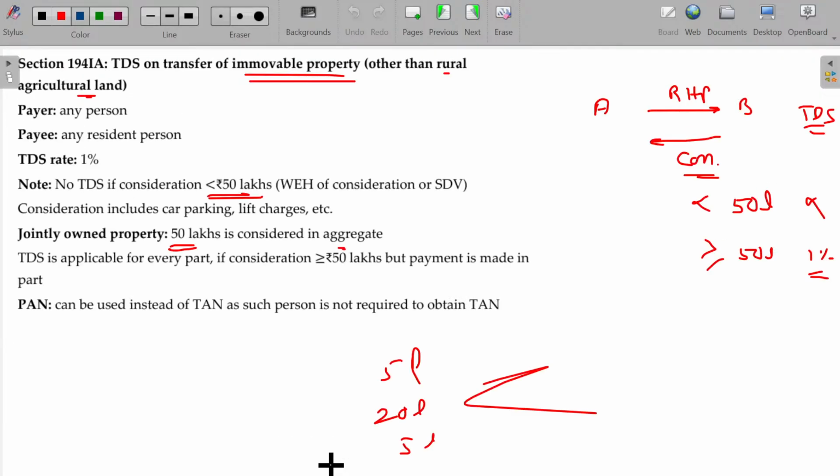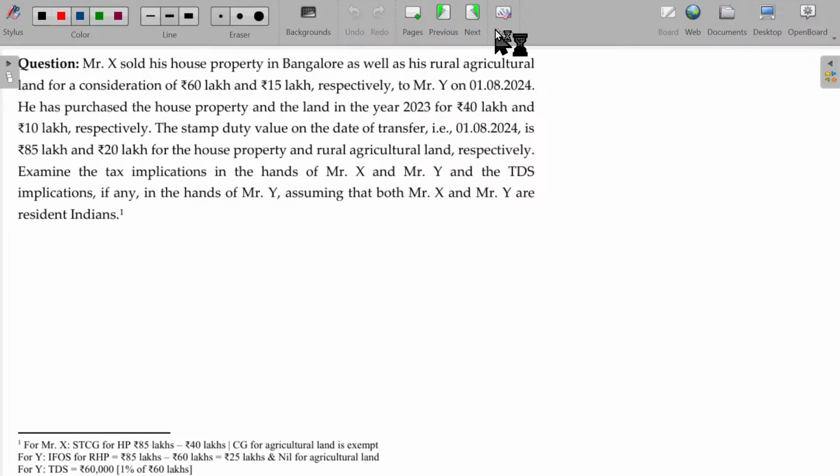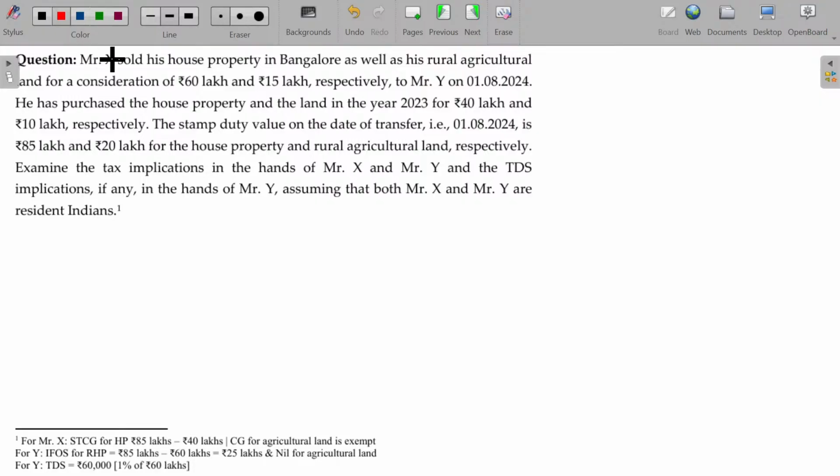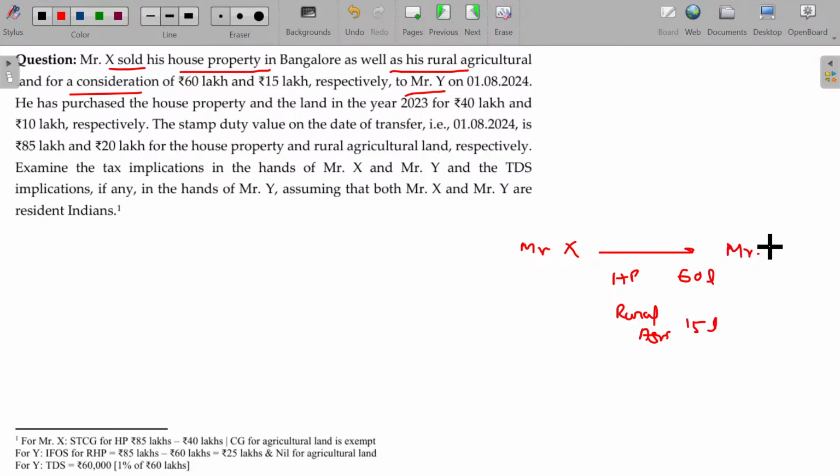Okay. So we'll try to finish off illustration 1A first of all. Mr. X sold his house property in Bangalore as well as his rural agricultural land for a consideration of 60 lakhs and rural agri land 15 lakhs to Mr. Y. He had purchased the house property and then the land in the year 23 for rupees 40 lakhs and 10 lakhs respectively.